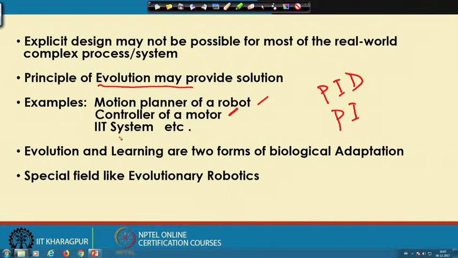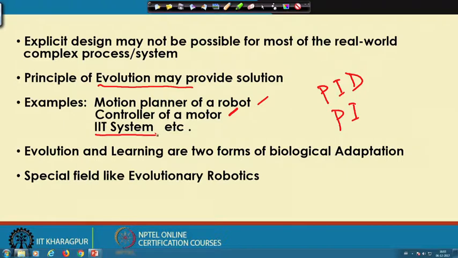Now, let me take another example, that is the example of our IIT system. If you see the curriculum of the IIT system or the academics of the IIT system, it has not come through explicit design or direct design, it has come through the principle of evolution.